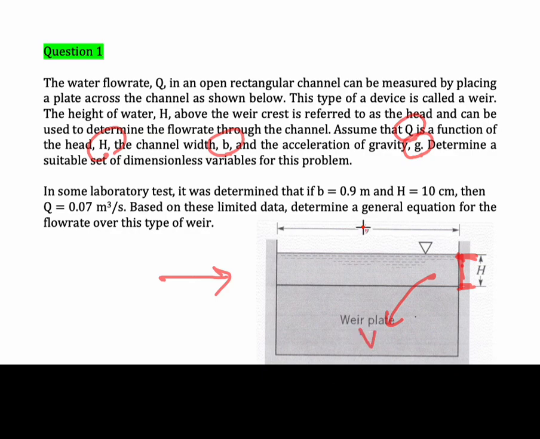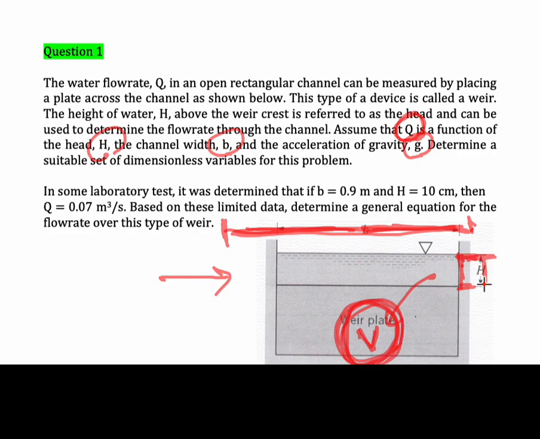However, if the B is shorter or longer, it will not change the value of V, because the width is actually not so influential on the velocity. Why is velocity very important? Because to calculate the Q, the subject, we need to know the velocity. And this velocity changes when the value of H becomes larger or smaller. That's why we need to take H as the repeating parameter.